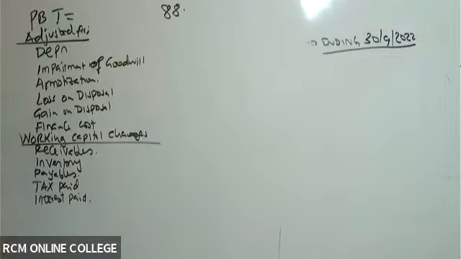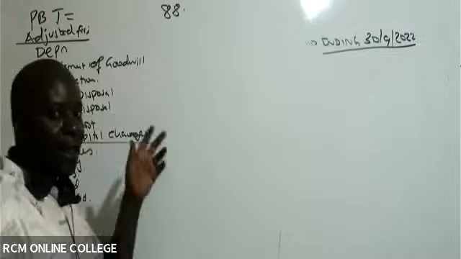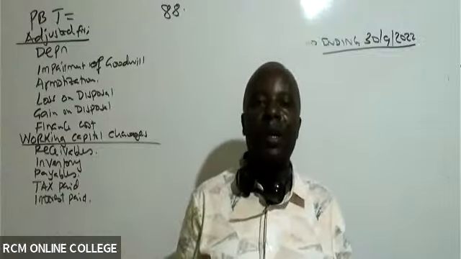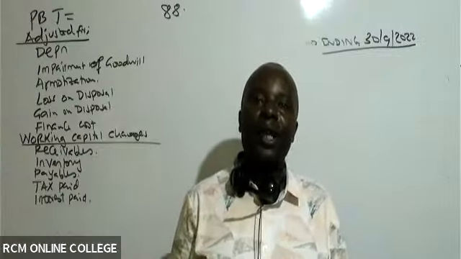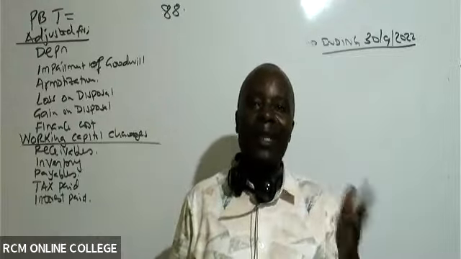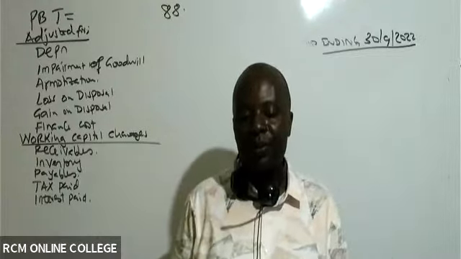So remember, interest paid is normally arguable. You could either put it under operations, or you take it under the financing activities. You can decide either to put it here or under financing activities. You can never be wrong.